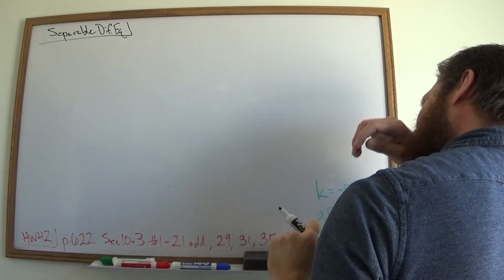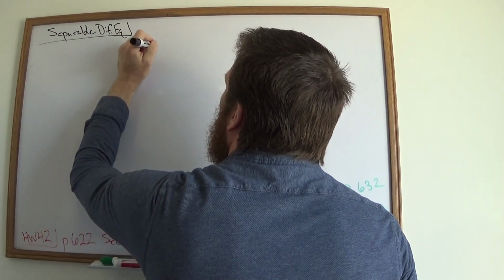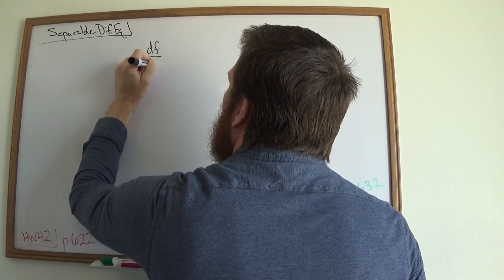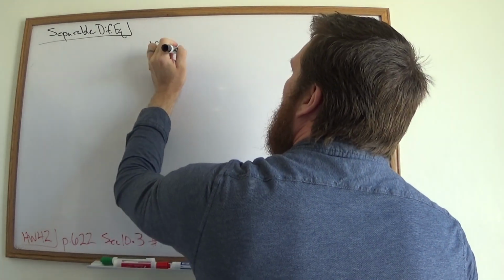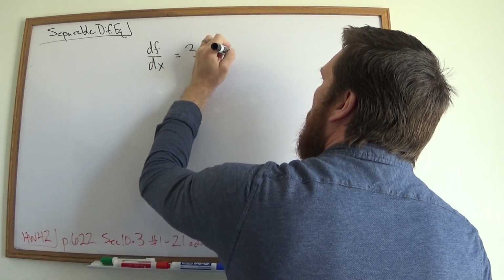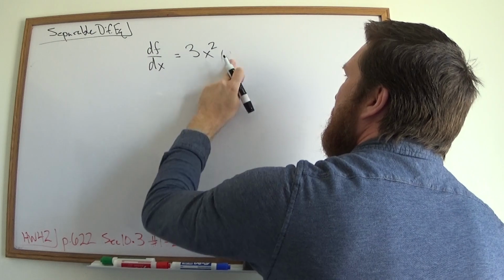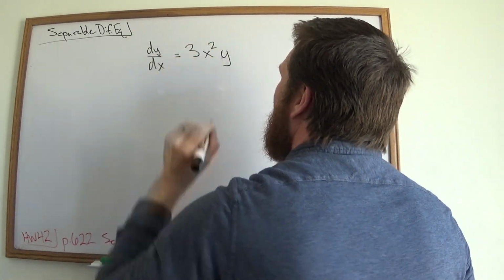Actually, before we do that, let's look at a couple things here. df/dx equals 3x squared y. Yeah, let's use y. Looks really ugly. 3x squared y.